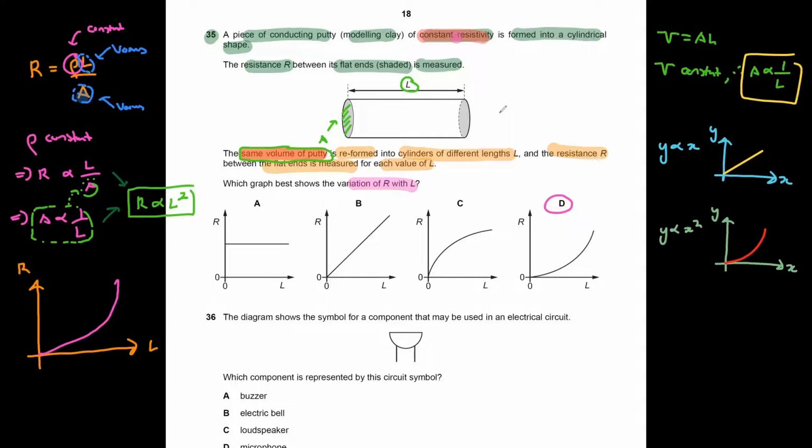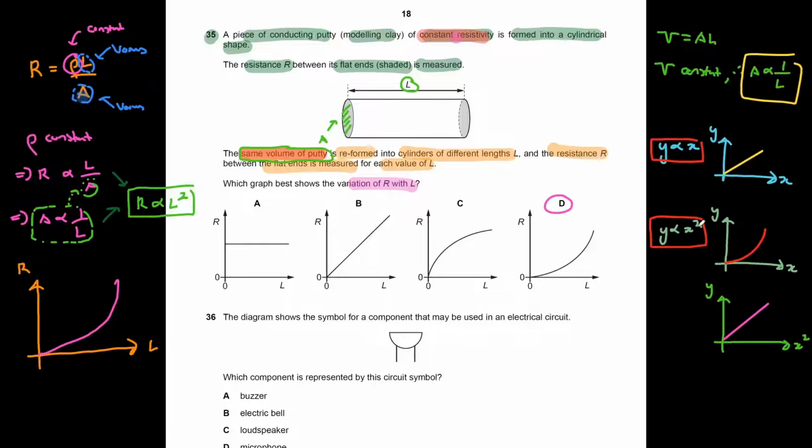But if I ask you to then draw a graph of y versus x squared, this one will give you a straight line graph through the origin, okay? So this is something that you will have learned from maths when it comes to certain relations and the graphs associated with it.